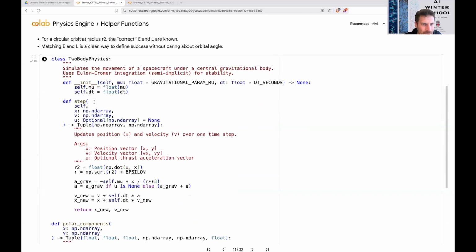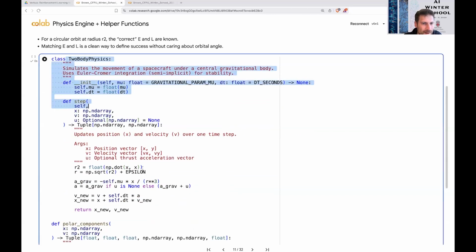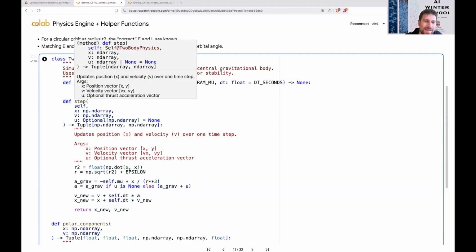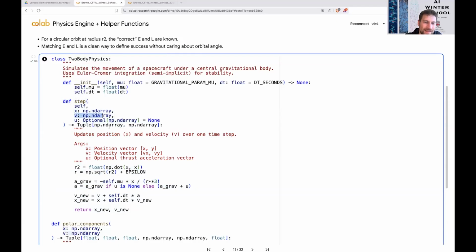So it's pretty simple. We define our two-body physics here, where the real key is in this time step function. It takes in the current position, the current velocity vector, and an optional acceleration due to thrust, and then calculates the new velocity vector and the new position vector given the acceleration.